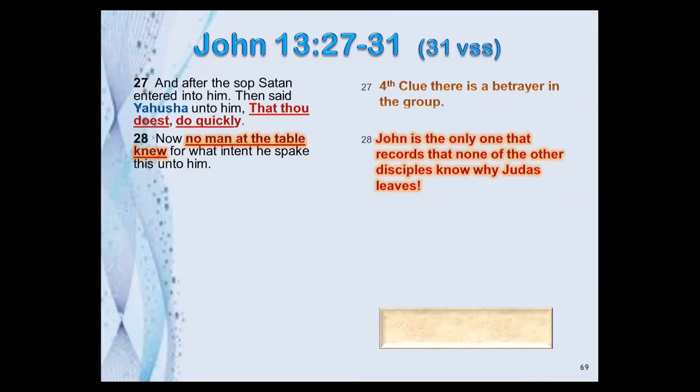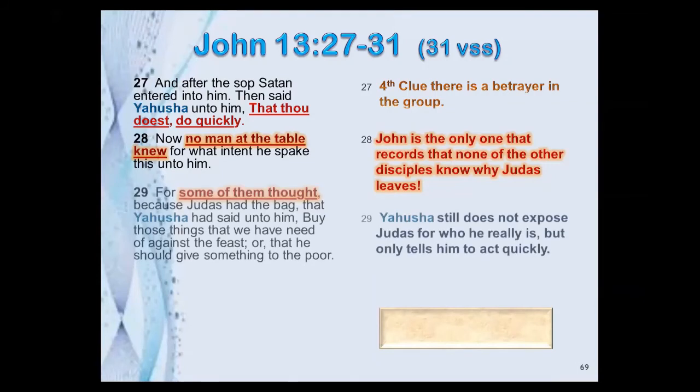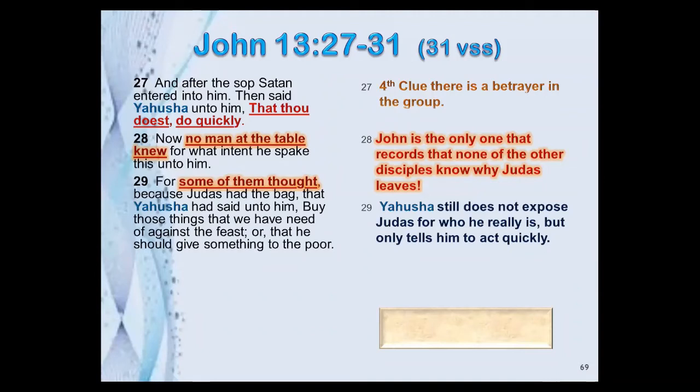Look what John records that nobody else records: "Now, no man at the table knew for what intent he spake this unto Judas." John is the only one that records that none of the other disciples know why Judas leaves. Remember, dipping that sop and giving it is something of high regard.